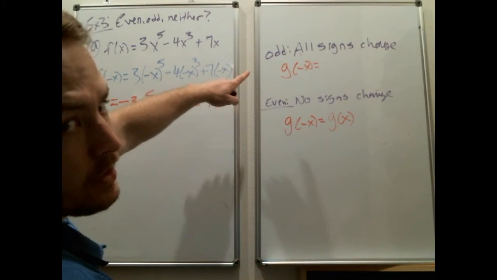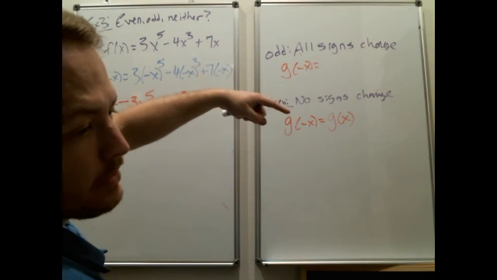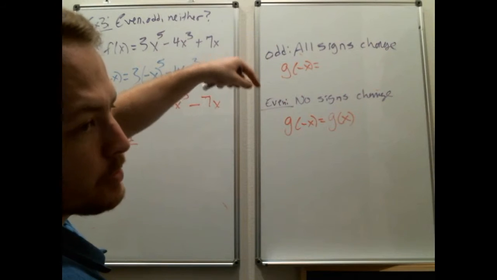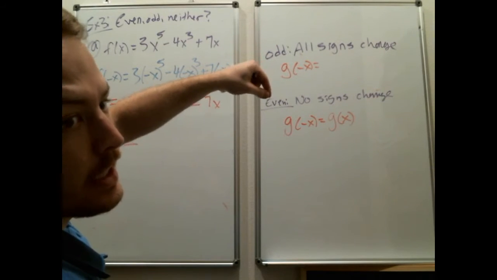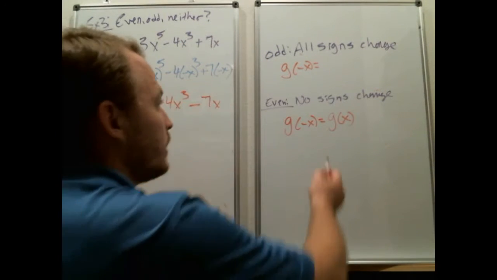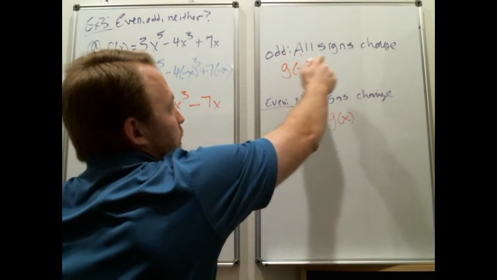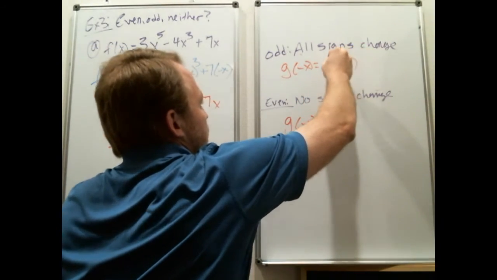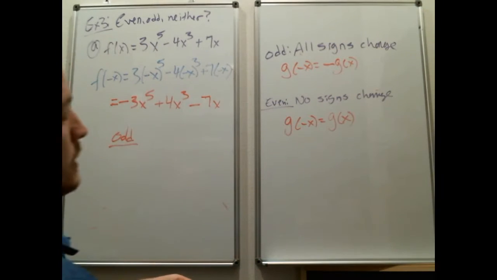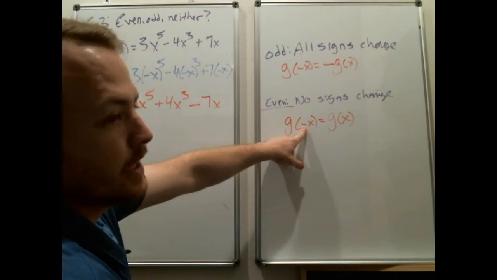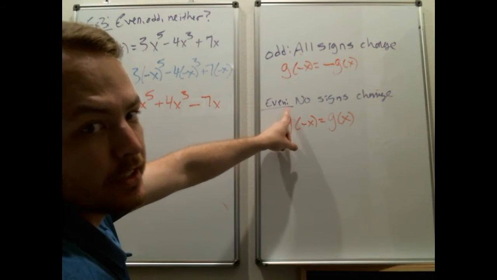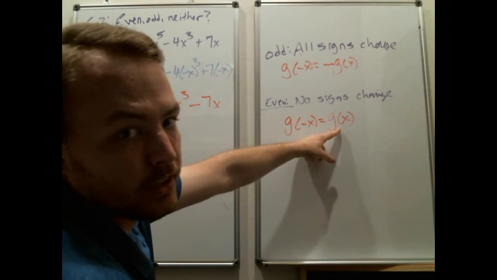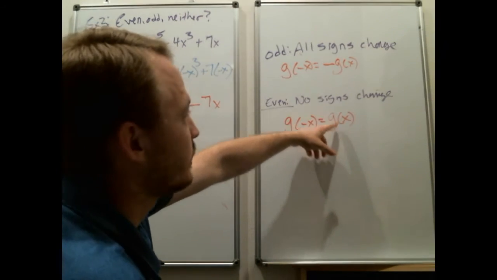Now, if it's odd, you plug in negative x. What happens when you have odd exponents? That negative moves to the front. Same thing here. This negative moves to the front. So negative g of x. So the same principle works. You have negative x inside the parentheses, and if it's an even function, it gets eaten away.